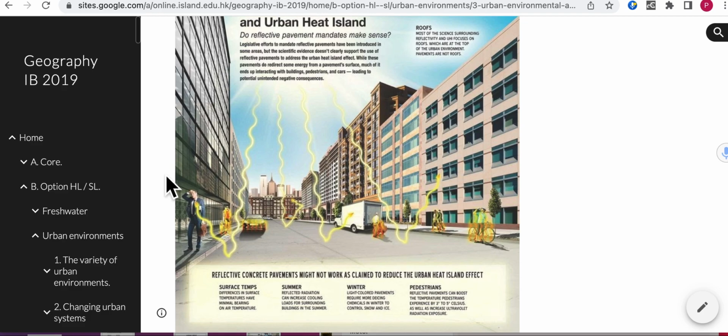So you can see this poor chap here, he's pretty hot because he gets that reflected radiation, reflected sun rays, and also you've got this reflection of light off the light colour road surface directly into the buildings. That's going to cause all sorts of trouble.